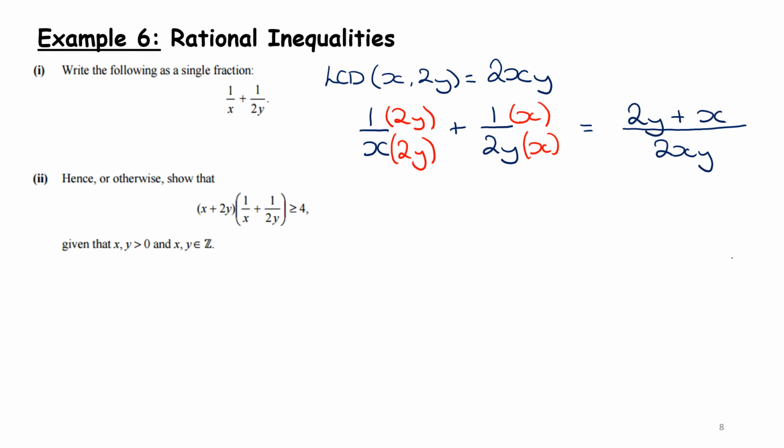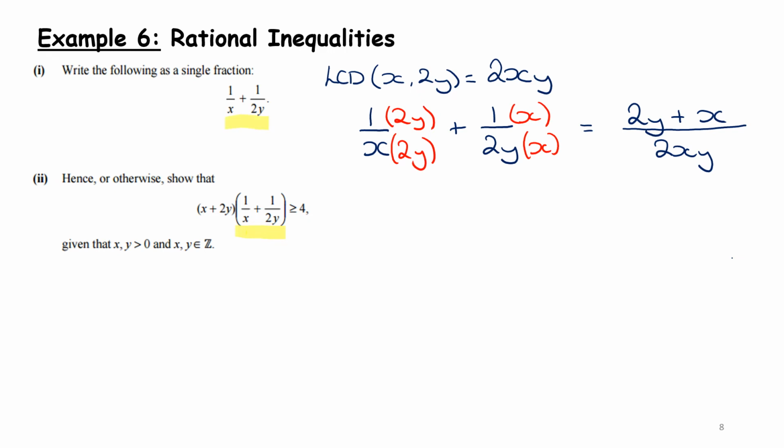So the next thing, part 2 then says, hence or otherwise, show that this expression, x plus 2y times (1 over x plus 1 over 2y), is greater than or equal to 4. So notice where that hence is coming from.